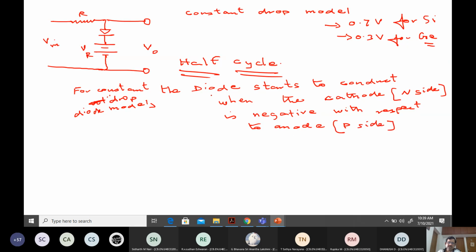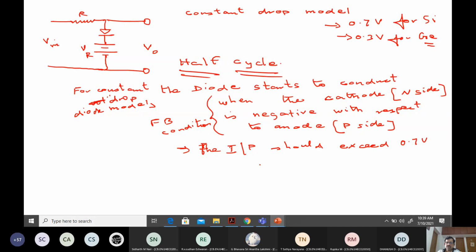This is the forward bias condition. Secondly, we also know the input should exceed 0.7 volt for conduction to happen.